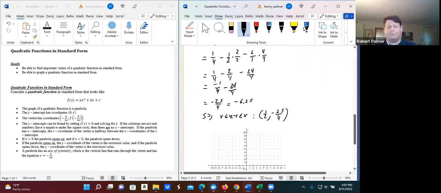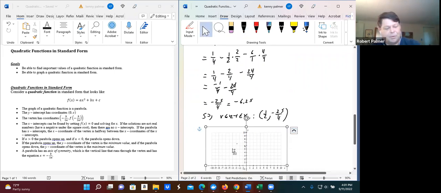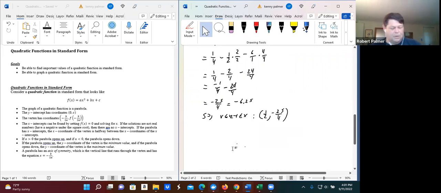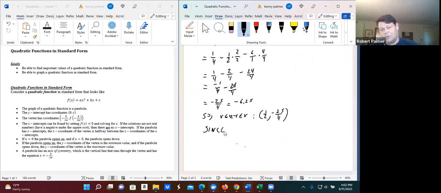Now we can also say at this point, since this parabola opens up, we found that because our A was positive, then the y coordinate of our vertex, y equals negative 25/4, is the minimum.